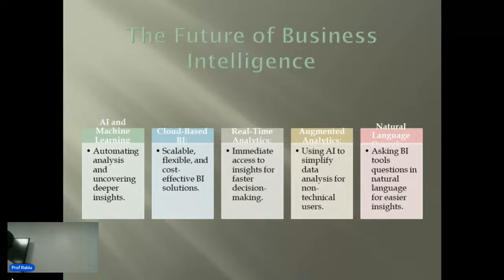What is the future of business intelligence? Having business intelligence is good, but if you can add machine learning and artificial intelligence, it will make your life easier. How? You can have automated analysis that will uncover deep insight.